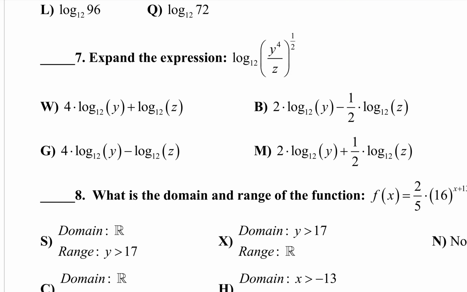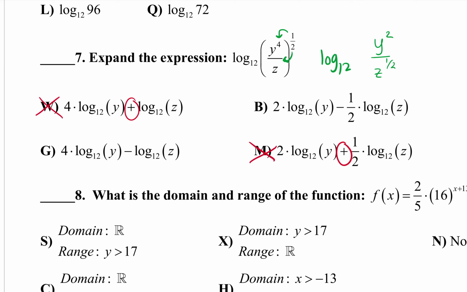Alright, now I'm expanding, okay? The exact opposite. So I do 1/2 and 1/2, right? So that would give me log 12. Half of 4 is 2, and then z is just 1/2 because there's no number there. And remember, if I'm dividing, I'm subtracting. So first thing I'm going to do is these that are adding are wrong.